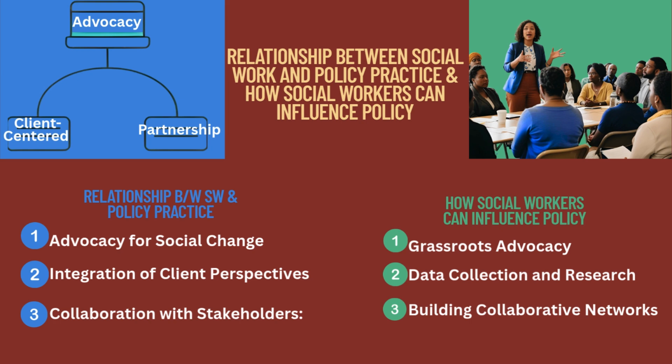Data collection and research: by conducting research and gathering data on the specific challenges faced by rural communities, social workers can provide evidence-based insights to policymakers, supporting the development of targeted and effective policies. Building collaborative networks: social workers can establish partnerships with local organizations, government agencies, and stakeholders to create coalitions focused on policy advocacy, ensuring that rural voices are represented in decision-making processes.